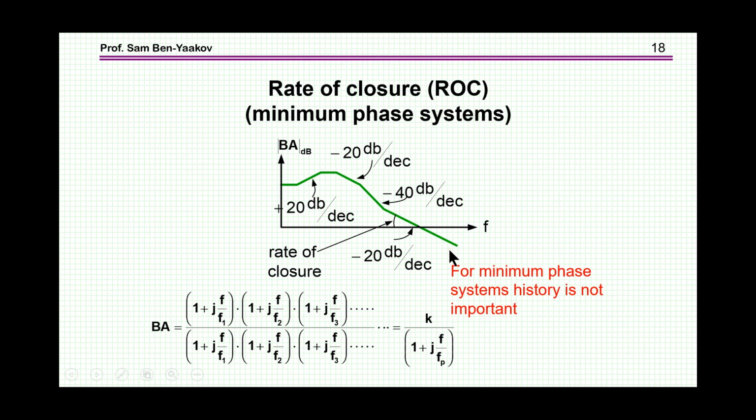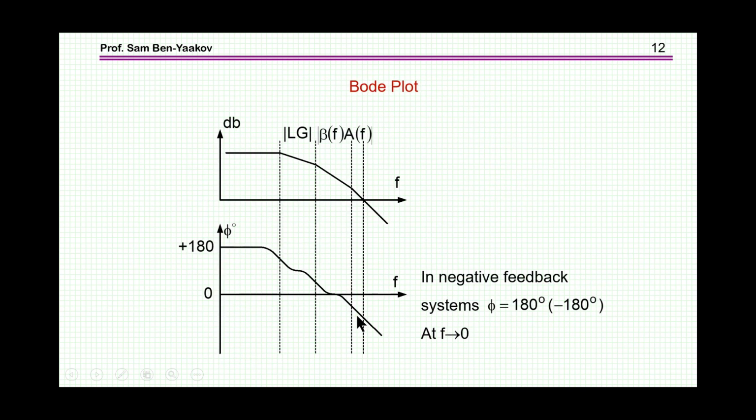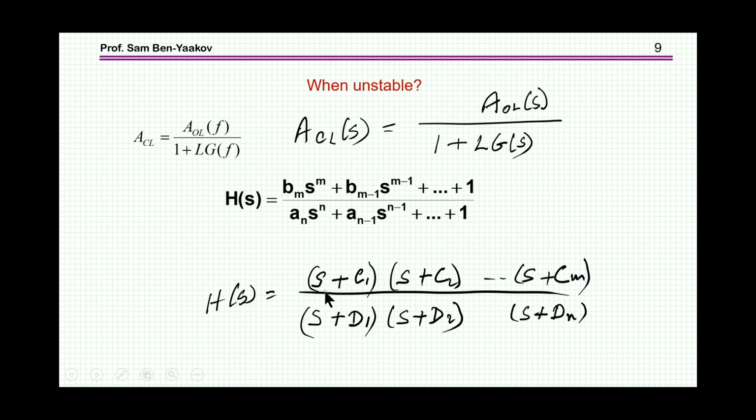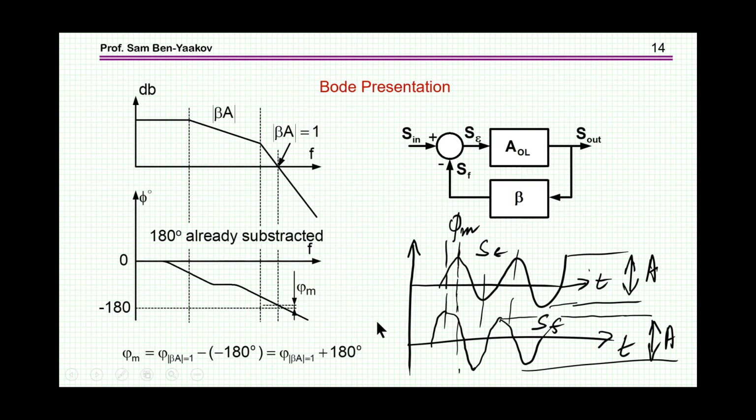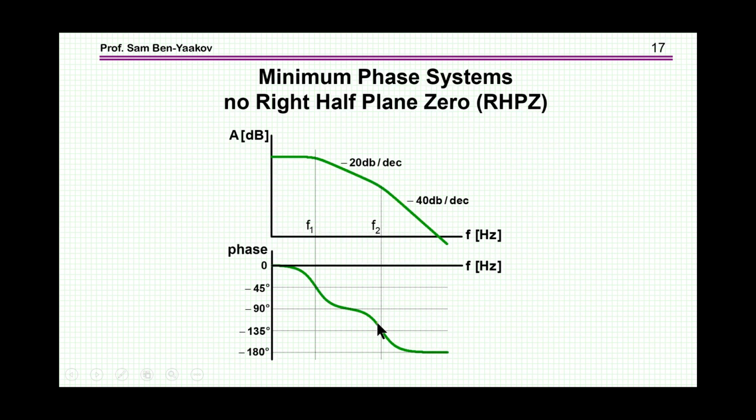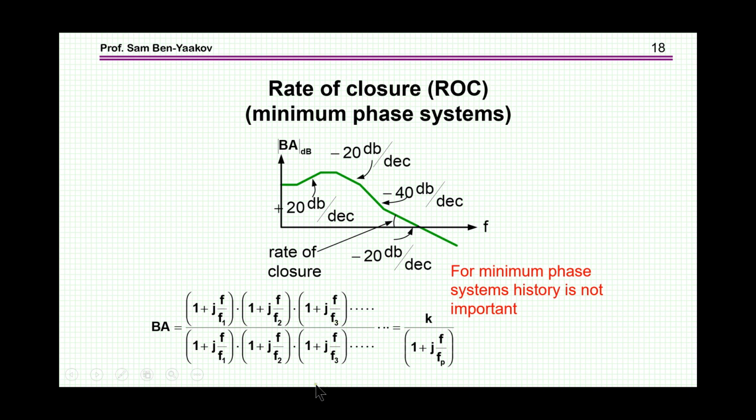And why is that? The reason is that the closed loop expression can be broken, let me go back here, into zeros and poles. This is taking all the expression for the transfer function, and then multiplying, and then we end up with something like this, the complex or phasor form, which is shown here.